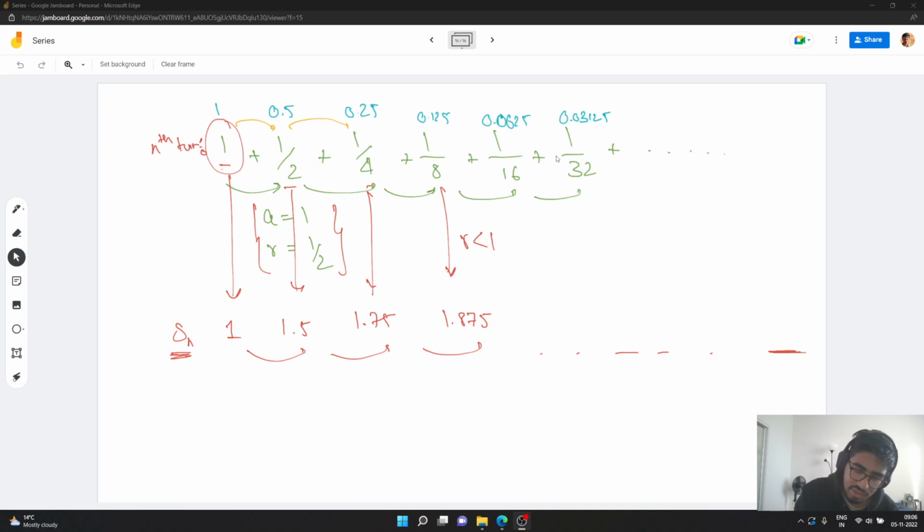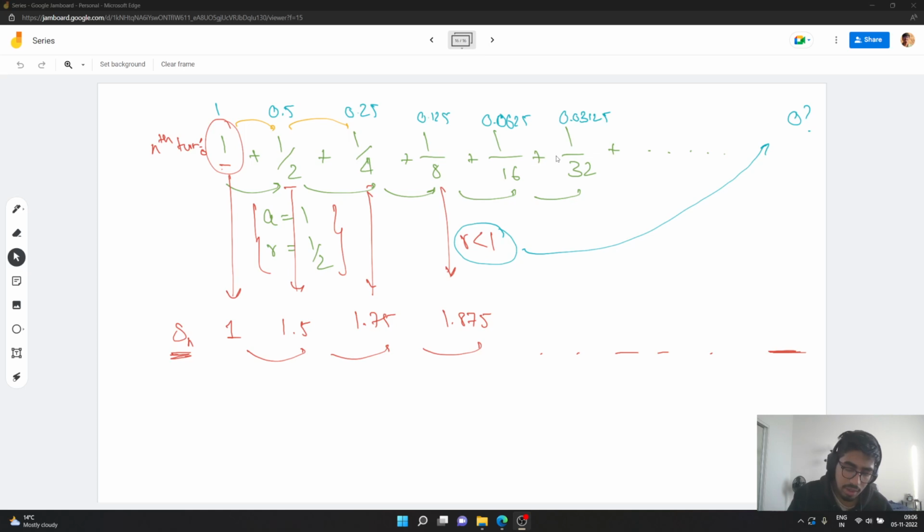So when that infinite term comes, our guess is it should be zero, right? Maybe they become so small that it actually ends up being zero. So we say that every time r is less than 1, the consecutive terms decrease, and ultimately the terms will go down to 0 if r is less than 1.